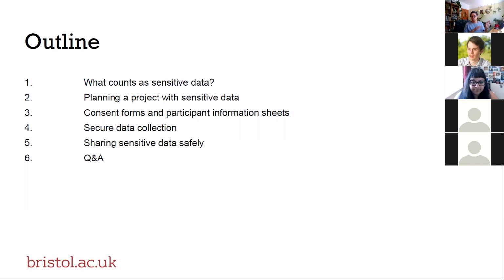I'll make a brief diversion into consent forms and participant information sheets, because these are things that it's really critical to get right, because that can have a huge impact on what you can do with the data further down the line. Then I'll talk a bit about issues around secure data collection, and in particular the tools and facilities that are available to support that at the University of Bristol. If you're not a member of the University of Bristol, obviously some of the specifics won't apply to you, but hopefully the generalities will still be useful.